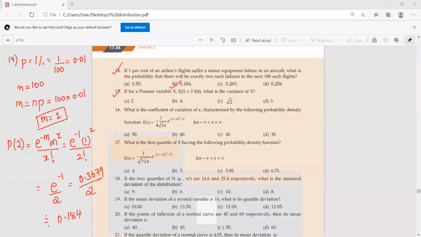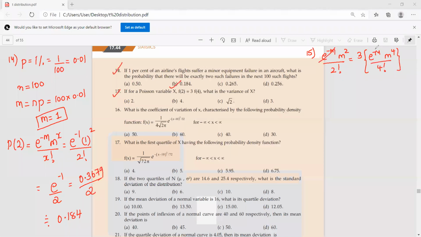Sum number 15: f of 2 is equal to 3 times f of 4, and we have to find the variance. f of 2 means e to the power minus m, m square upon 2 factorial, is equal to 3 times f of 4, e to the power minus m, m to the power 4 upon 4 factorial.